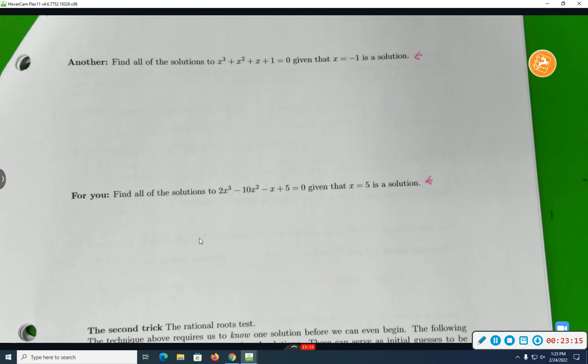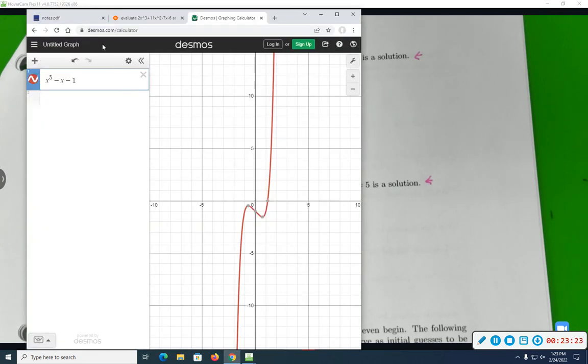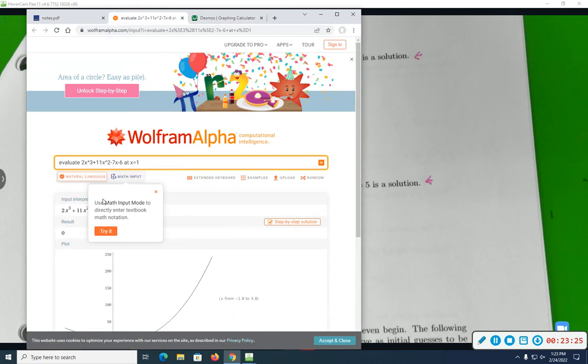So here's how I'll advocate doing it. So we certainly could do it by hand. I am, however, going to say, well, there will be enough computations that we'll do that I'm going to try to get a computer to do it. So here's what I've done. I've pulled up a command in Wolfram Alpha to evaluate a polynomial at an input. So let's write down that polynomial and that input.